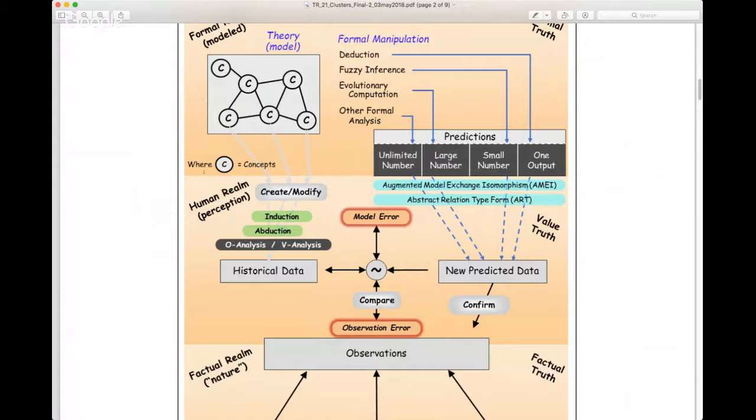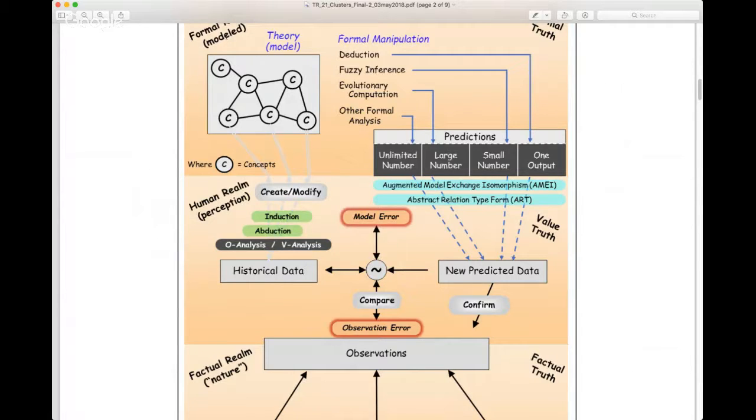But essentially what it says is you have observations, and you compare that with historical data. If you don't have any historical data, you just follow through that and start to use abduction and induction to start creating concepts. And then when you have multiple concepts you connect, and then you have a theory, and then you get your model theory.